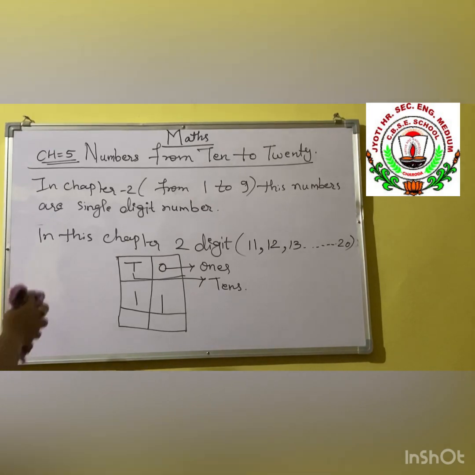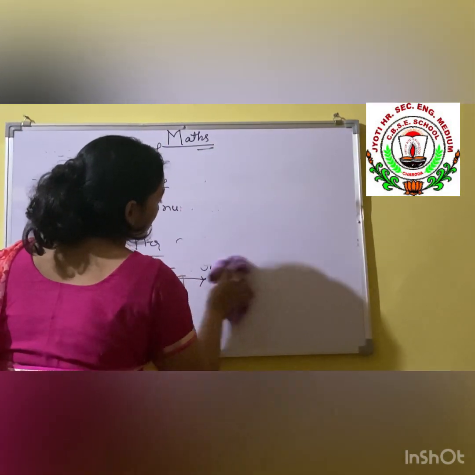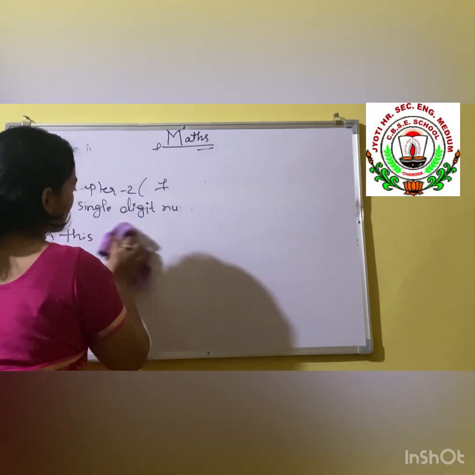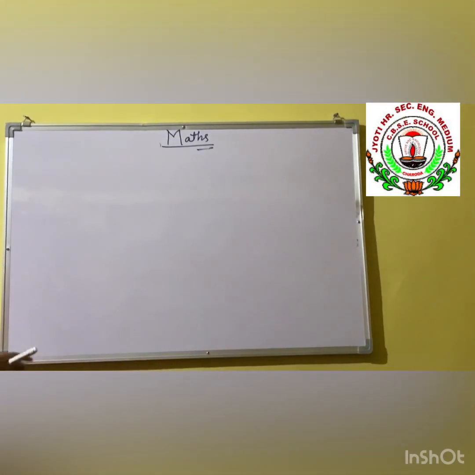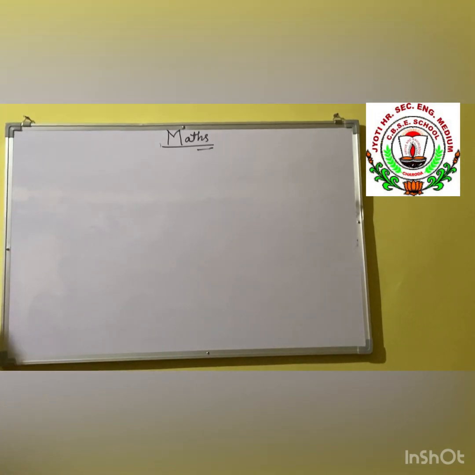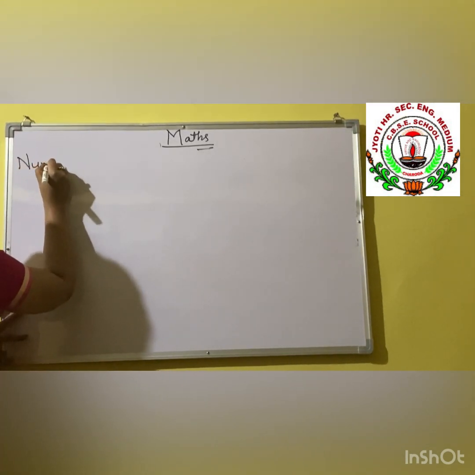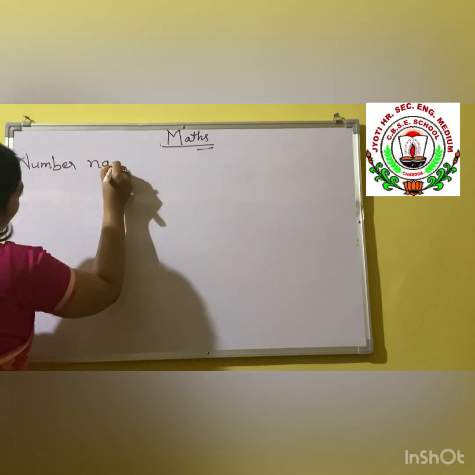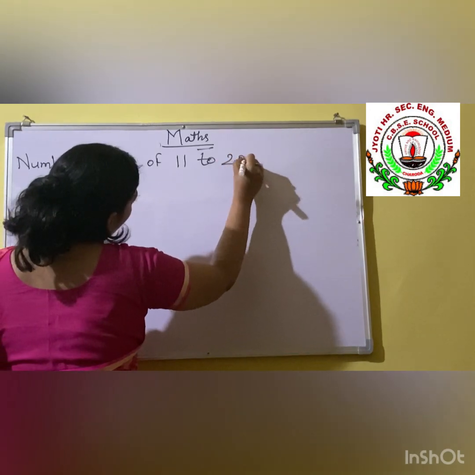Now, first I will clean this board. First, we are going to write the number names of 11 to 20.